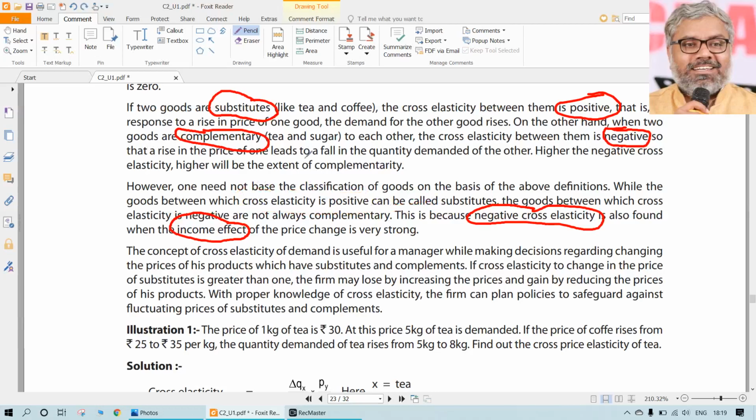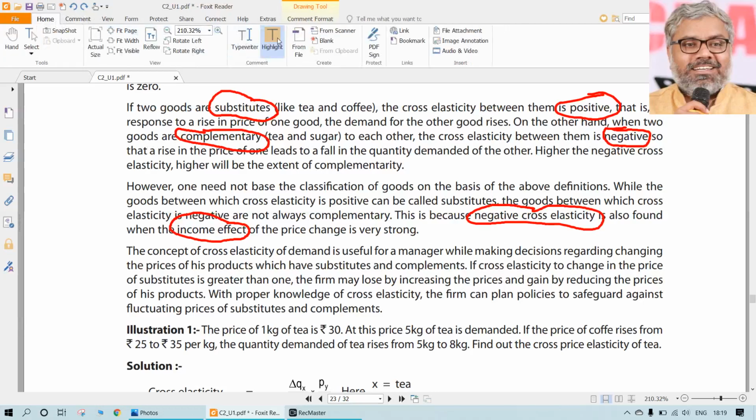There is no problem in calling any commodity with positive cross elasticity a substitute. However, the reverse is not true. If the cross elasticity is negative, we cannot always call the goods complementary, not necessarily, because it could happen due to the income effect of the price change also.